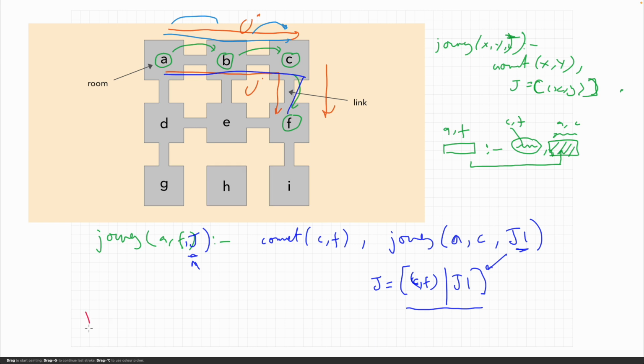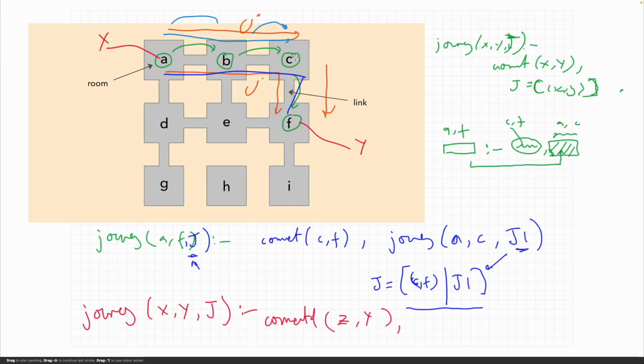So the general rule is journey X, Y, J if connected. Let's think about which one that's going to be. The last step is Y. The first one we don't know. Let's call that Z. So this will be Y, this is X, so start at the end, and this one we don't know, so we'll call that Z for now.